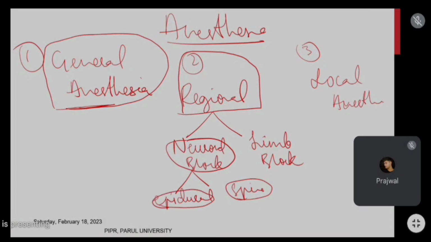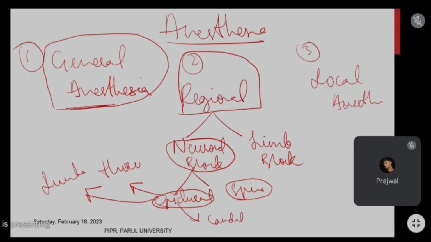Epidural drugs are given in the epidural space of the spinal cord. And in epidural anesthesia we have three more types: the drugs which are given in the thoracic region, the drugs given in the lumbar region, and the drugs given in the caudal region.